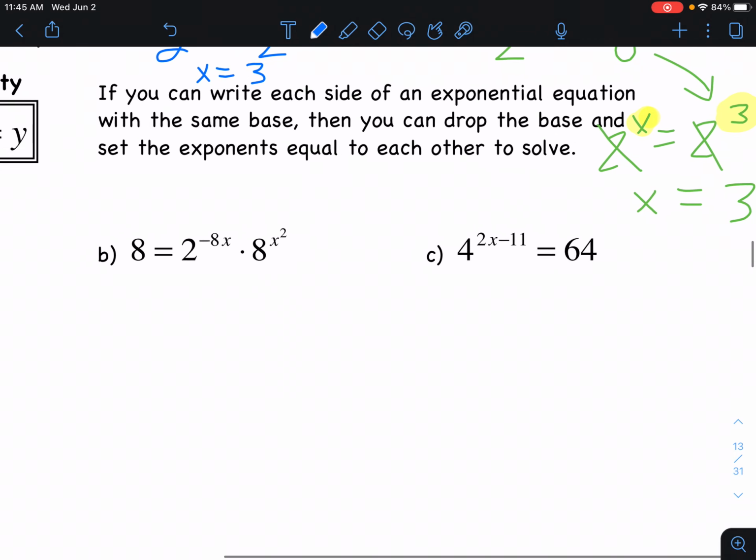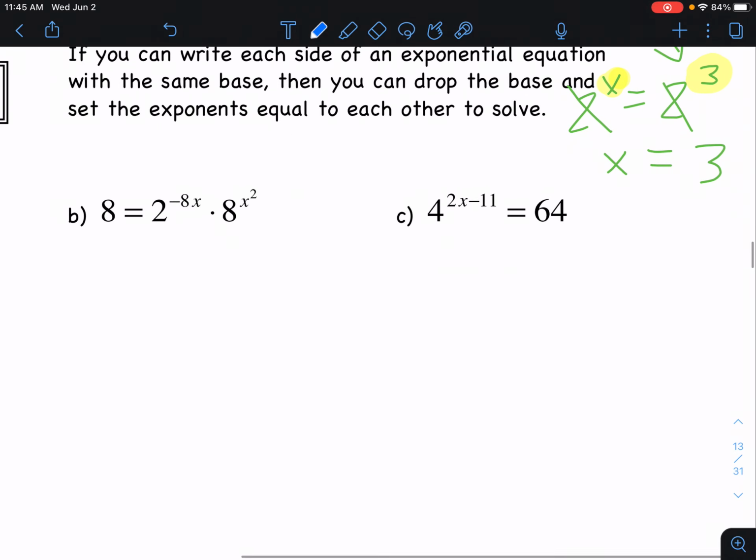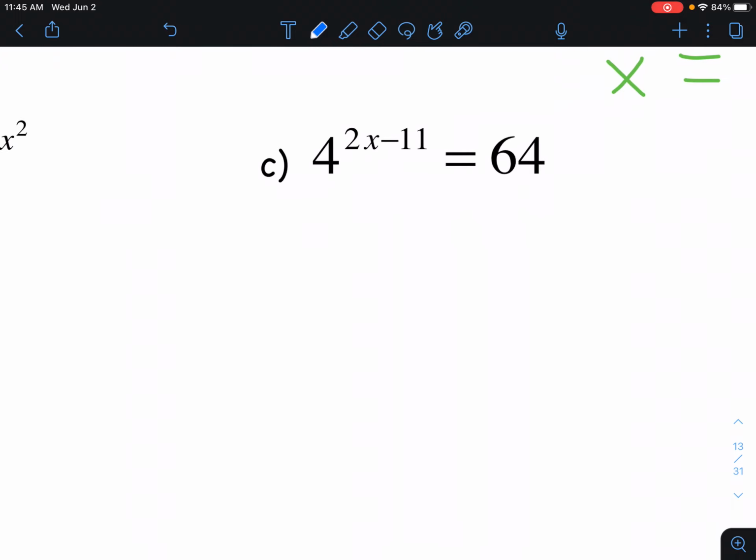Okay, I don't want to do B yet. I actually want to do C. C is much easier. So 4 to the power of 2x minus 11 equals 64. I have to think, can I turn 64 into a power with a base of 4?